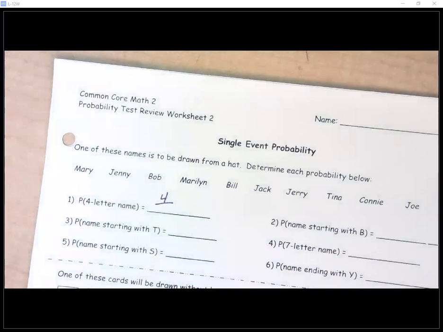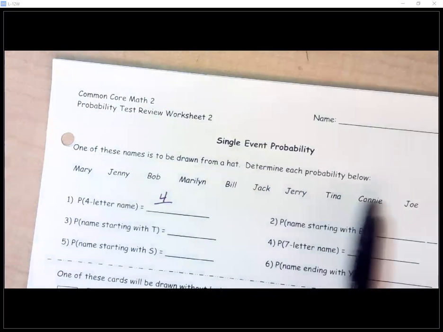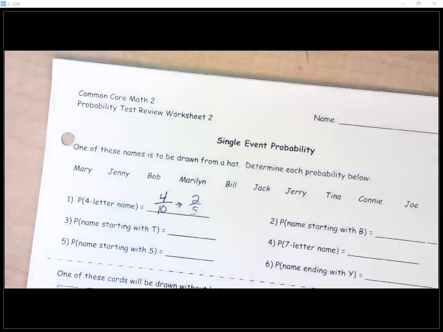Say again? 10. We have 10 names? Yes, you can reduce that. You should reduce that. So 2/5. So that means I have a 2 out of 5 chance of selecting a name that's 4 letters.